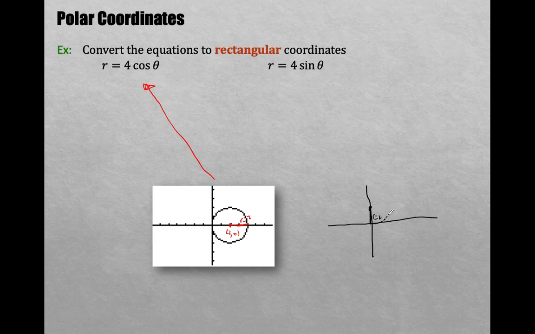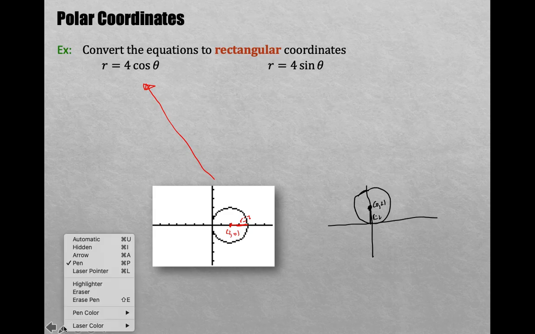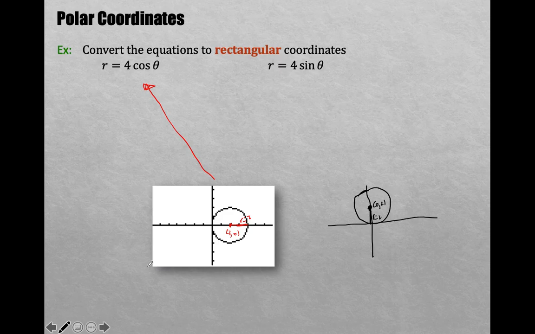Now my circle's not going to be nearly as pretty as this one. Go to your calculator and check. In your calculator, put 4 cosine theta, and you're going to see this graph. And if you change 4 cosine theta to 4 sine theta, you're going to see this graph.